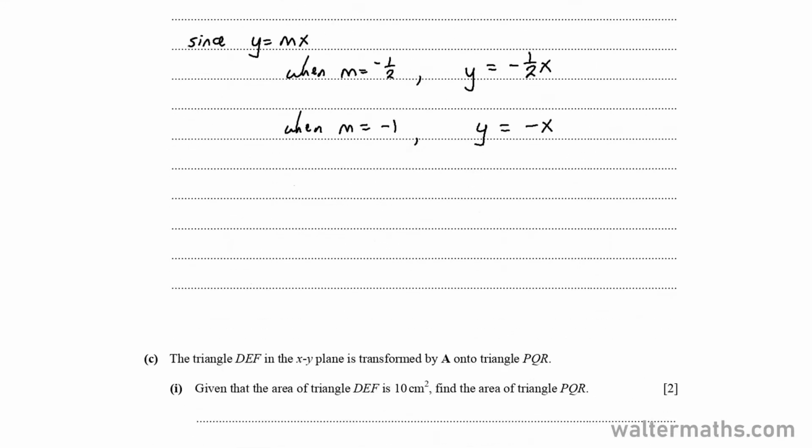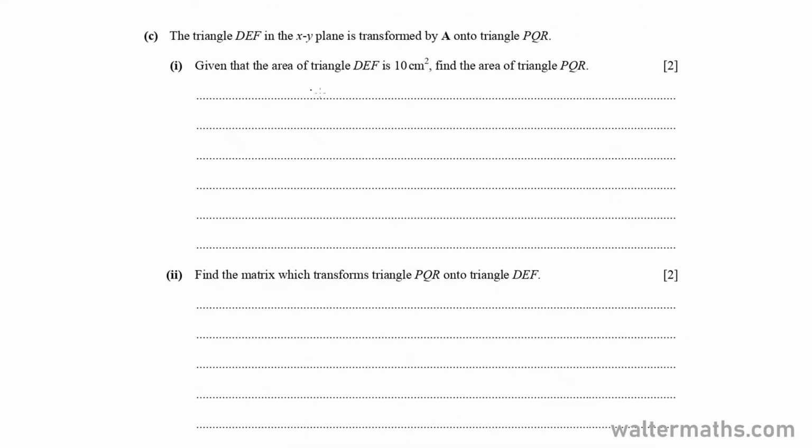Let's scroll down to the last part, and that's part C. The triangle DEF in the xy plane is transformed by A onto triangle PQR. Given that the area of triangle DEF is 10 square centimeters, find the area of triangle PQR.